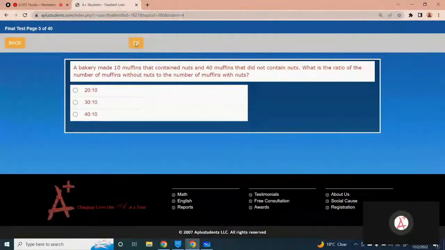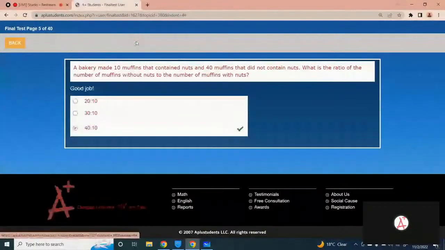Because 40 is the first one, the number of muffins without nuts. So it would be 40 ratio 10.